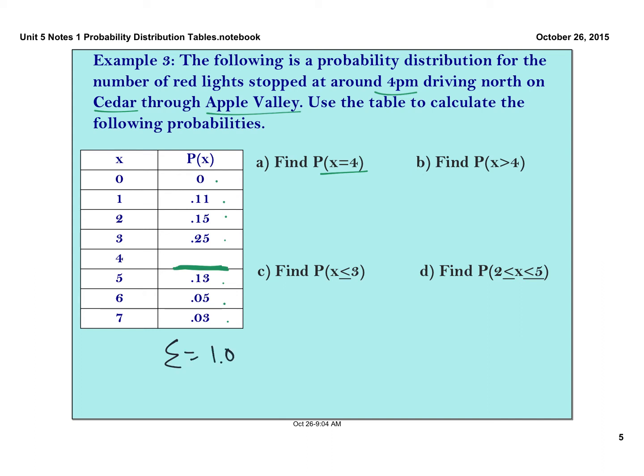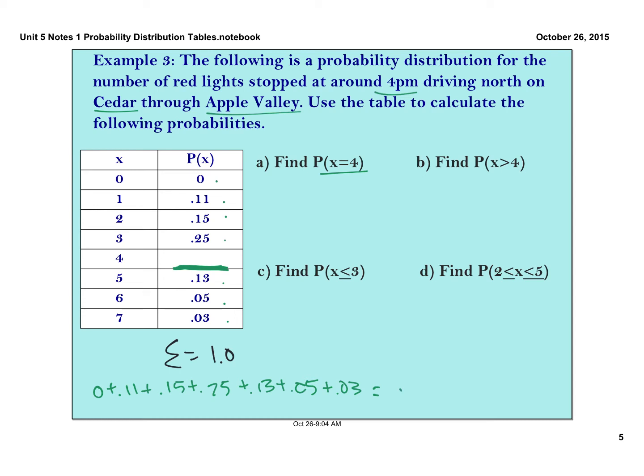So if I take all the other ones, 0 plus 0.11 plus 0.15 plus 0.25 plus 0.13 plus 0.05 plus 0.03, what do I have accounted for already? I have 0.72 there.